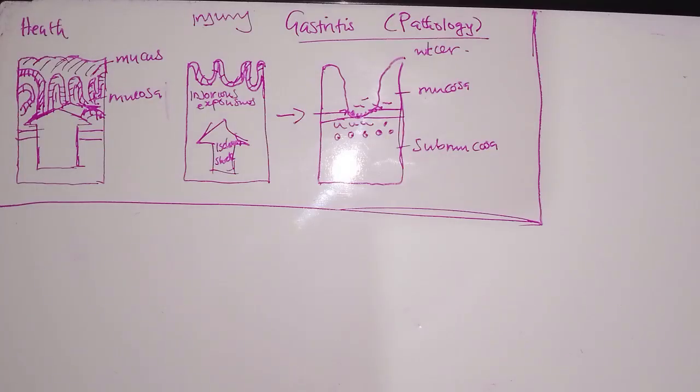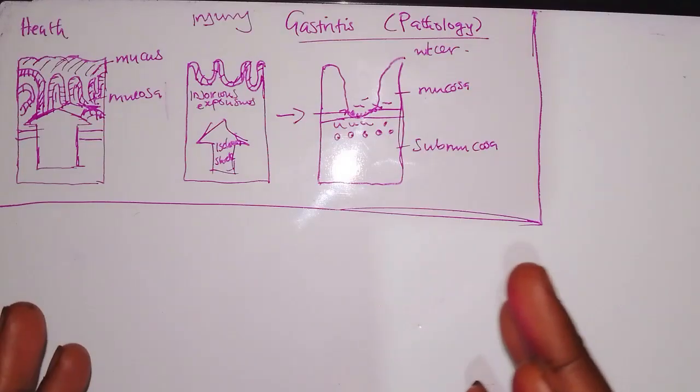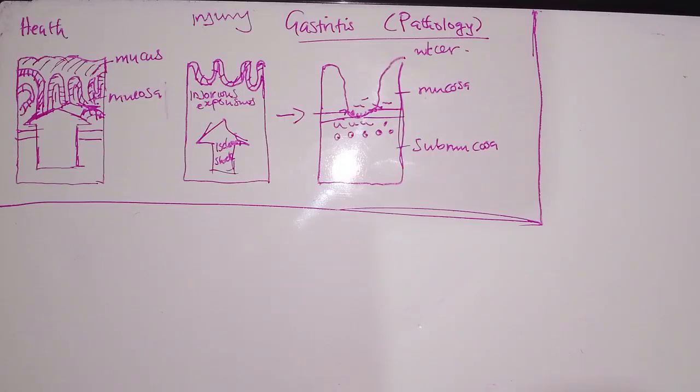So what is gastritis? Whenever we hear the word gastritis, just know that it has to do with the stomach, and -itis means inflammation. So gastritis is the inflammation of the stomach lining.